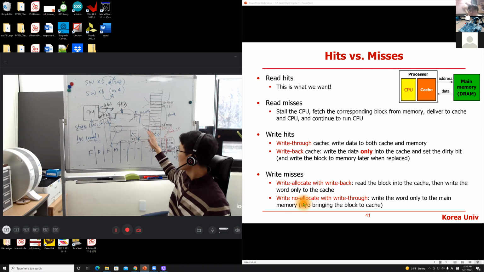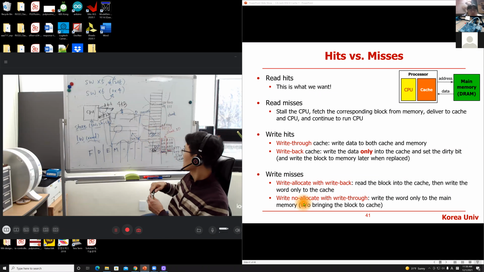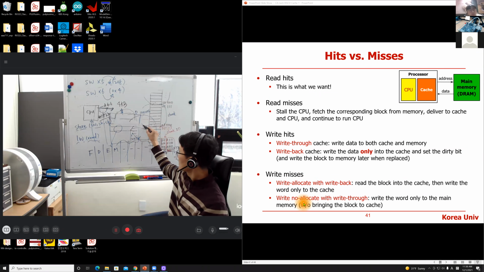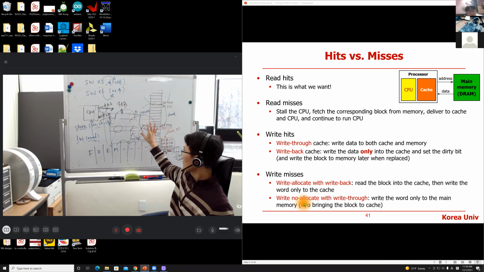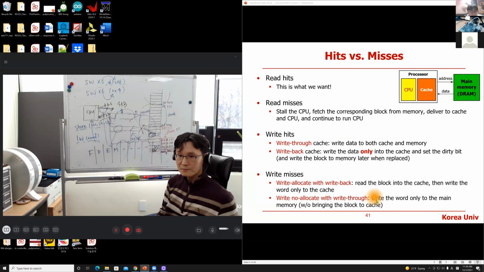No allocation: I'm not going to bring the block in. So according to write-through policy, because the cache does not have the memory block, main memory will be updated, write through.